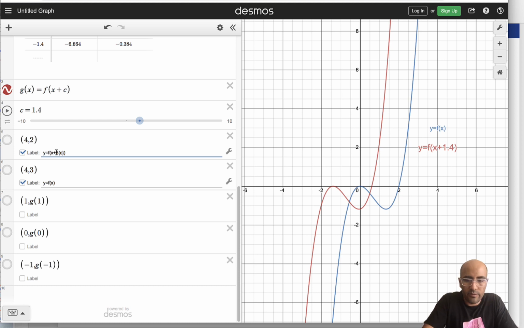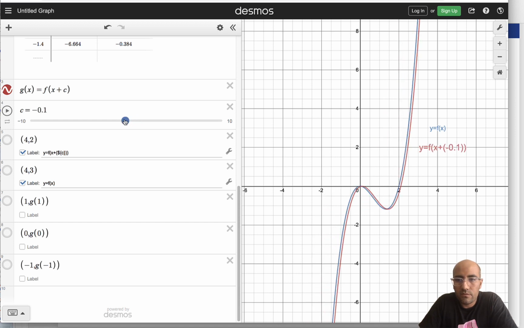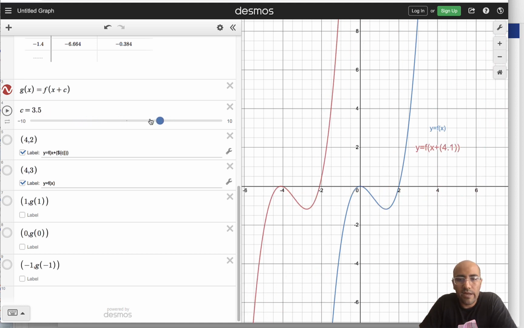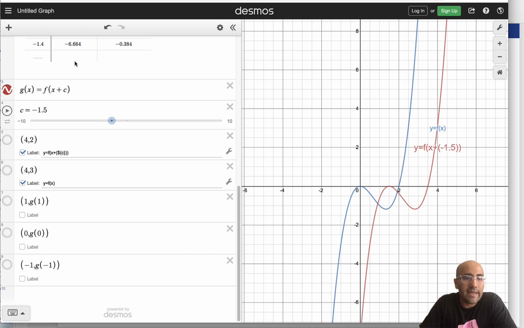How about if we put it in parentheses? So we can add a negative value, so plus a negative 0.1, plus a negative 0.7, 0.8, and it shifts it to the right. Again, a little counterintuitive. You would think that if you're subtracting, you'd go that way, but it's the opposite. So keep that in mind. Okay? So that's how adding or subtracting a constant works when we're adding it inside the argument of the function.